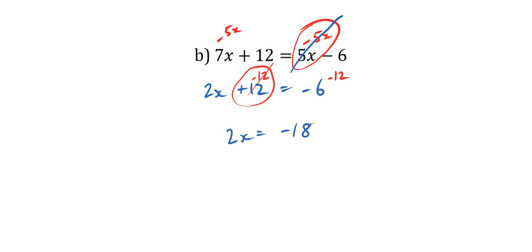Use your calculator for that if you have to. If 2x is -18, I want to divide it by 2 to figure out what 1x is. Let my calculator do the heavy lifting. Figure out that it's -9.